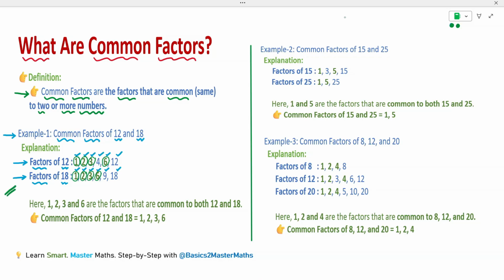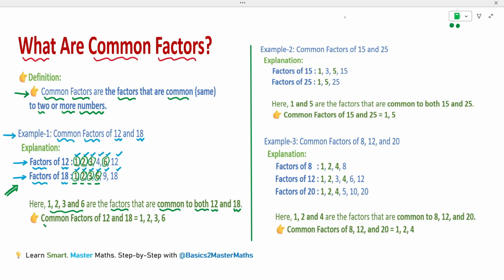Observe carefully. Here 1, 2, 3 and 6 are the factors that are common to both 12 and 18.